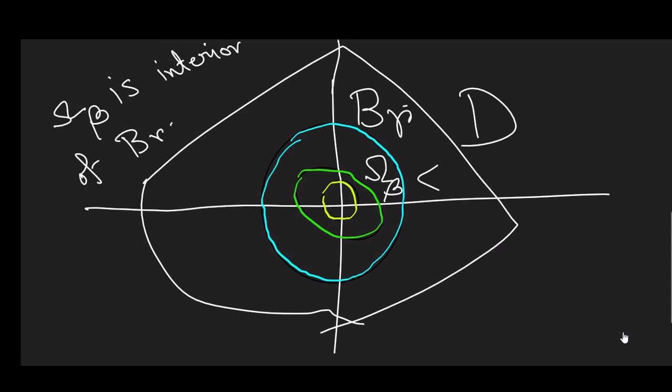You can show this by contradiction. Suppose this omega beta is not inside or interior of BR, then there will be a point P that lies on the boundary of BR.